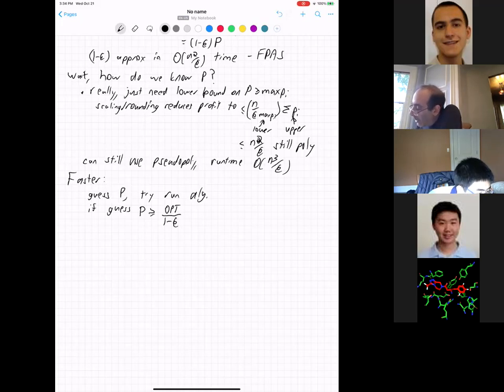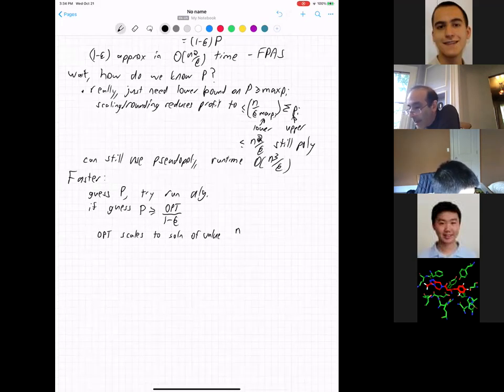Well, the optimum solution scales when we use this P to a solution of value n over epsilon P times opt minus n.